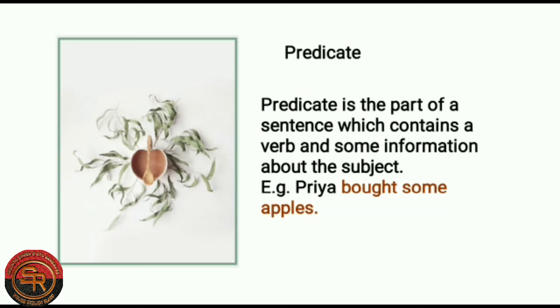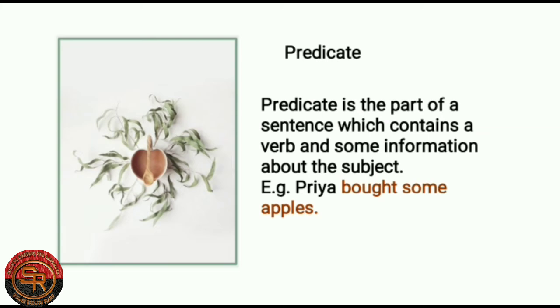Now let's see, what is a predicate? A predicate is the part of a sentence which contains a verb and some information about the subject. So the predicate is a word or a group of words that denotes what is said about the subject. It must contain at least a finite verb, expressed or understood. Now look here. Priya bought some apples. Previously, we used to ask who to the verb.